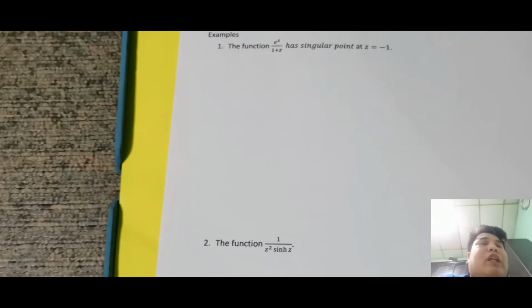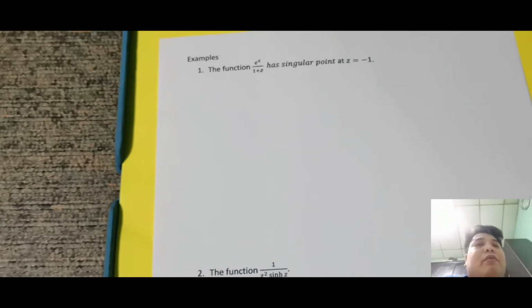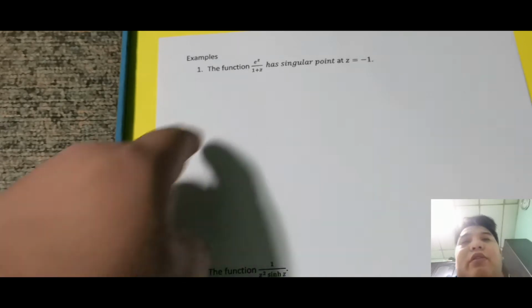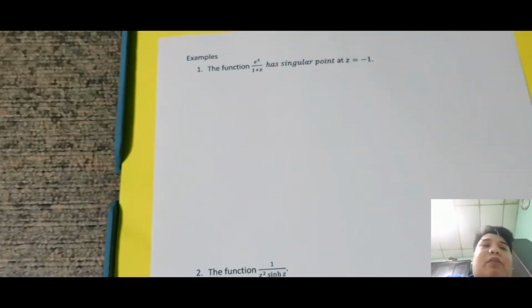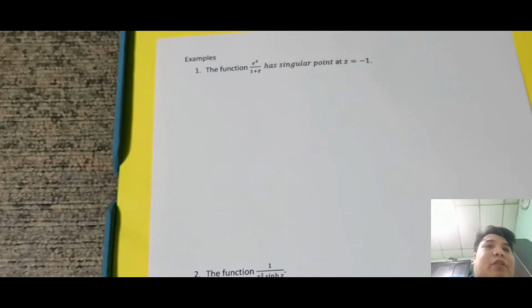multiplication. So check natin. For example, yung e raised to z, note yung e raised to z may Maclaurin. Tama, so may Maclaurin representation siya at z is equal to 0. Next, 1 over 1 plus z, walang Maclaurin series.